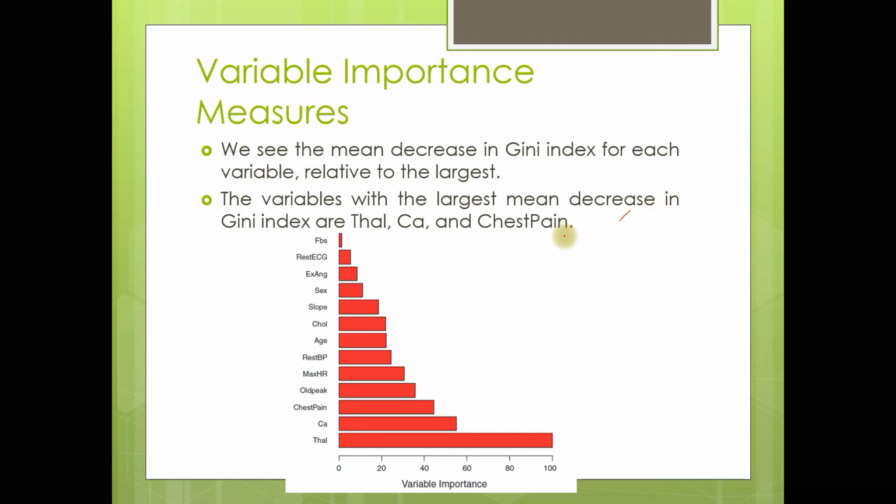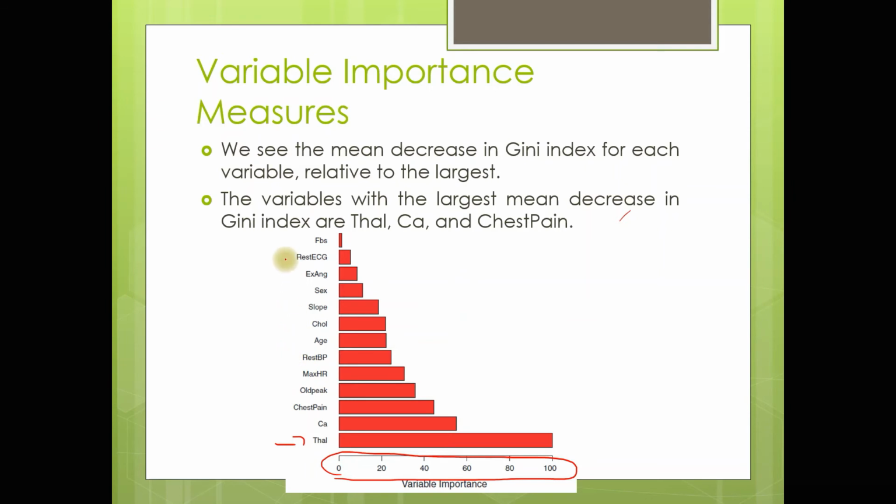And as you will see here, the one which has the greatest mean decrease is TAL. If this variable importance measure refers to the mean decrease in Gini index, the one which has the greatest mean decrease is going to be the most important variable.